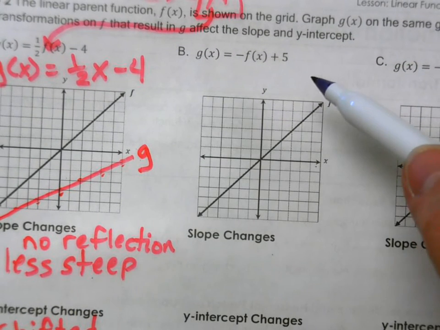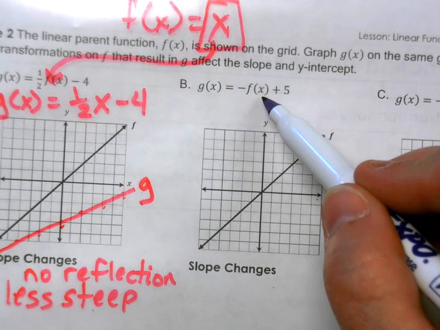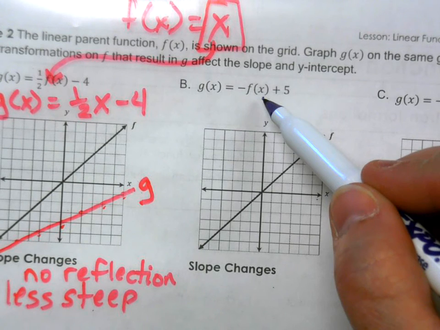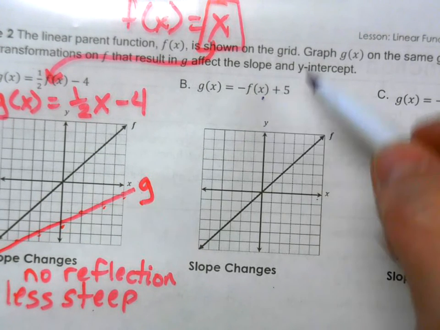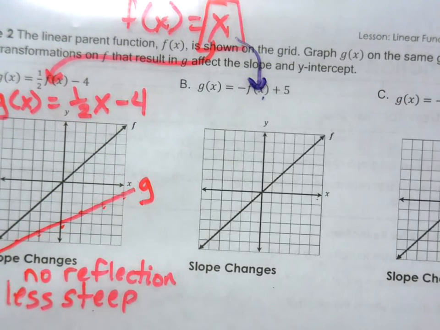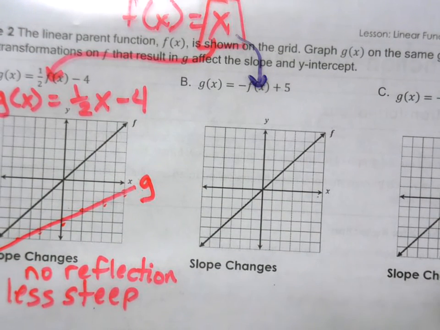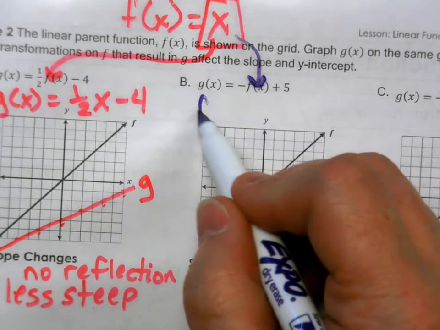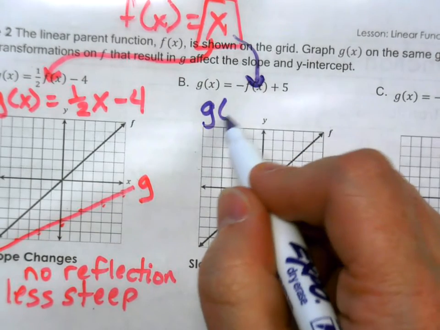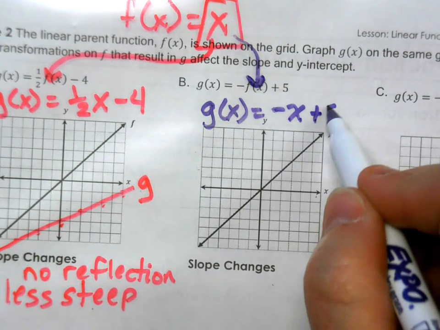So on this next example, we need to ask that same question. Are there any changes being made inside the parentheses? No, which means I can substitute x directly in for f of x. So I've got g of x equals -x plus 5.